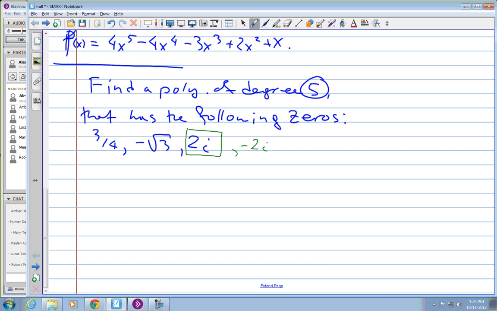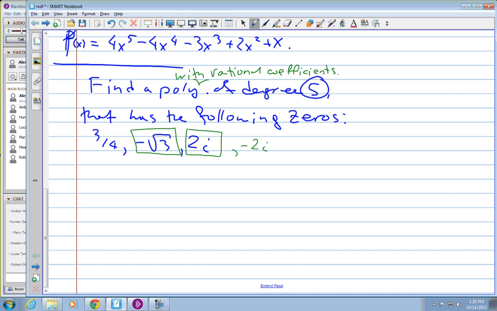Okay? Now, if I said find the polynomial with rational coefficients, then also the irrational numbers have to come in conjugate pairs.